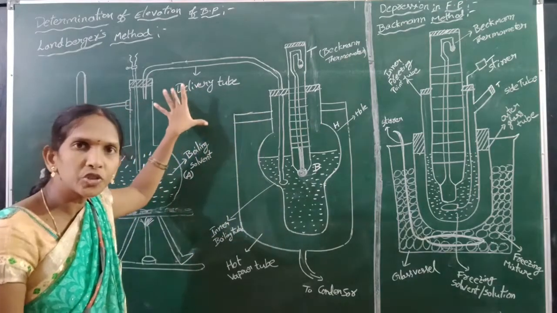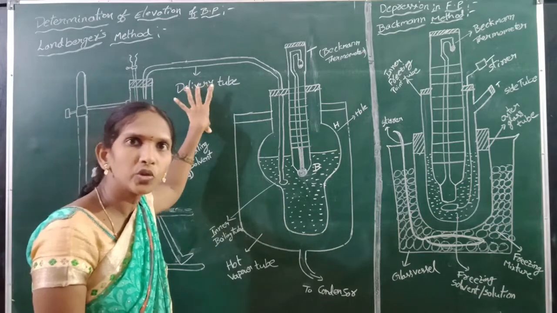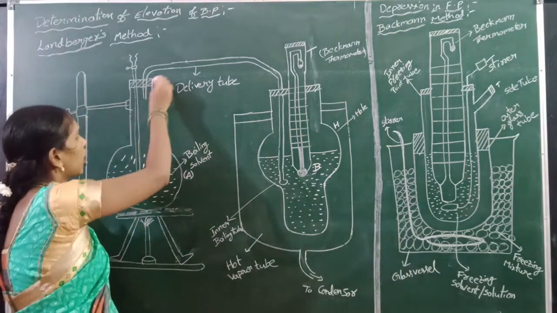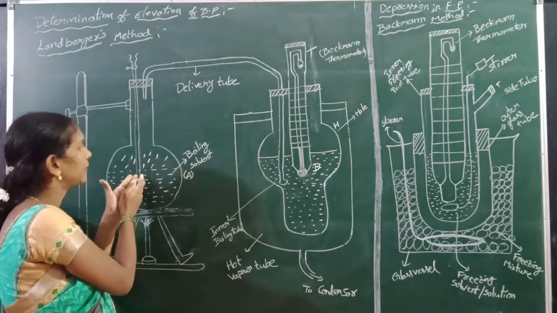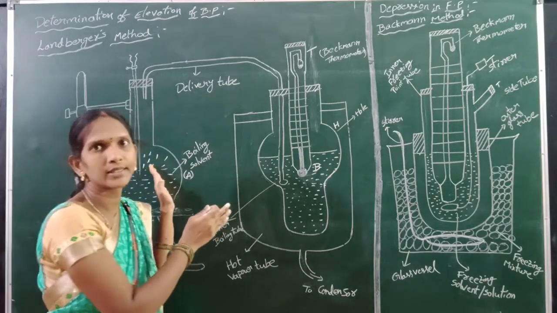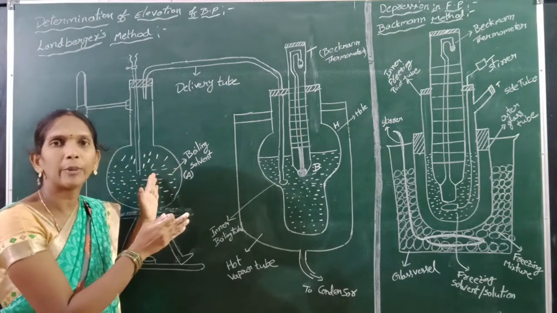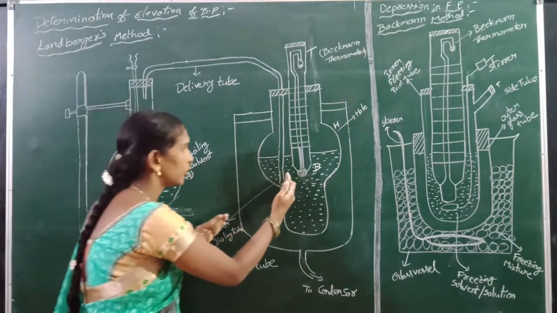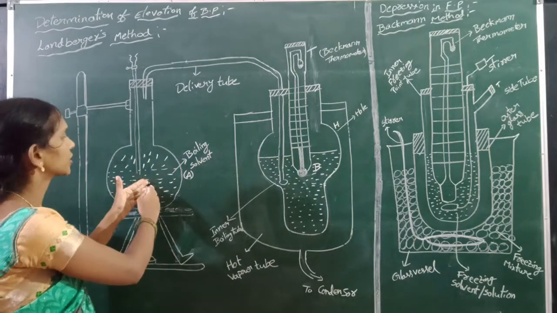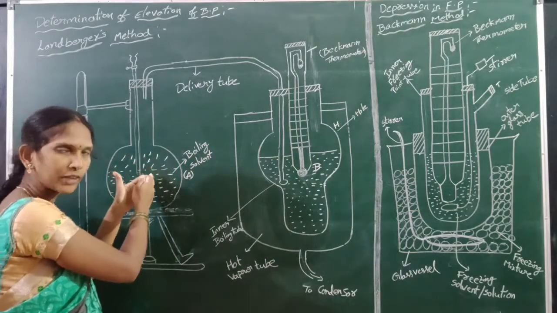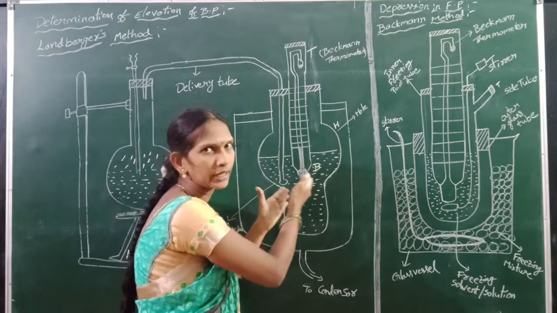It is used for passing vapors from the boiling flask to the inner boiling tube.